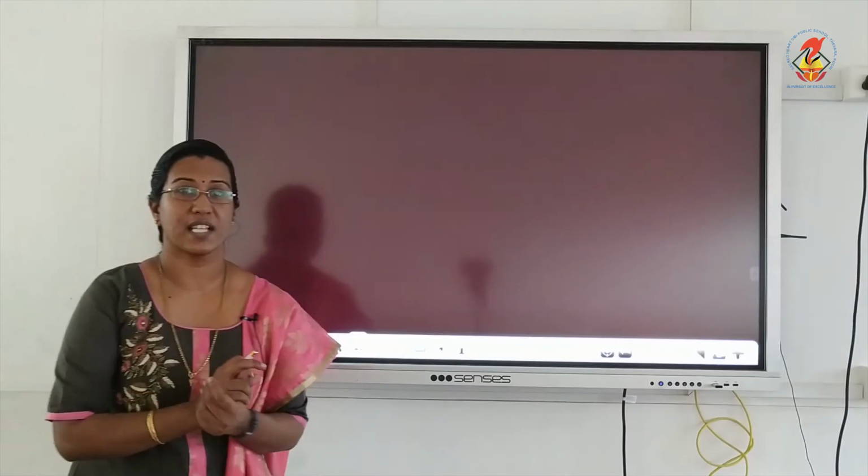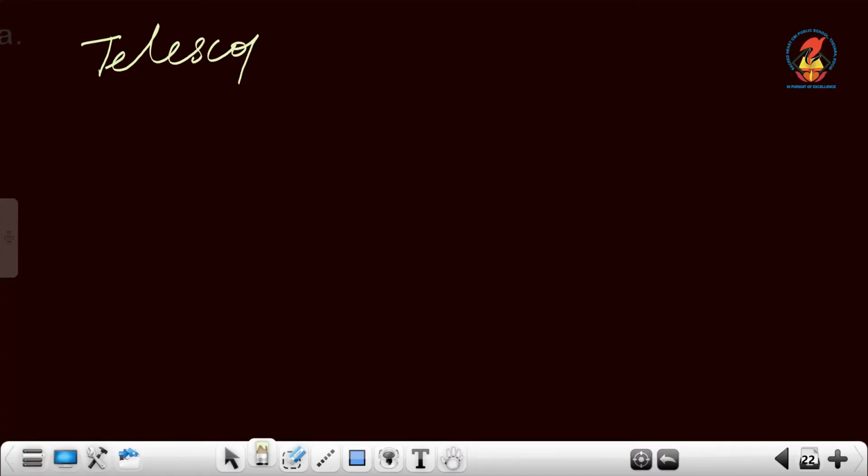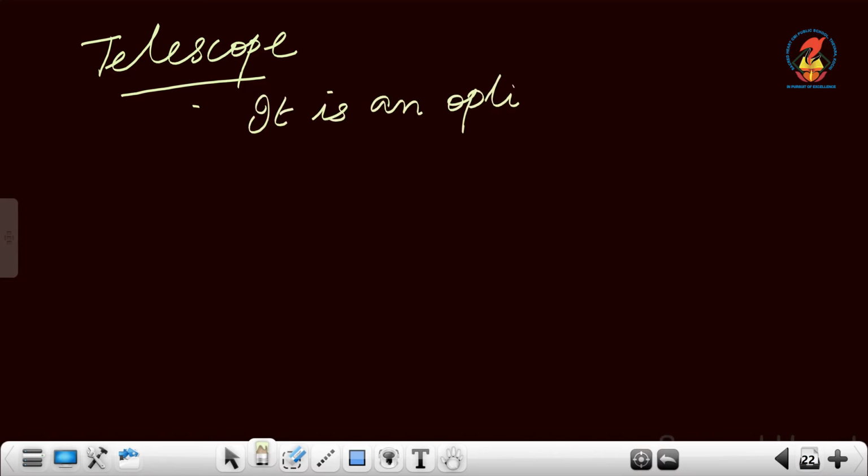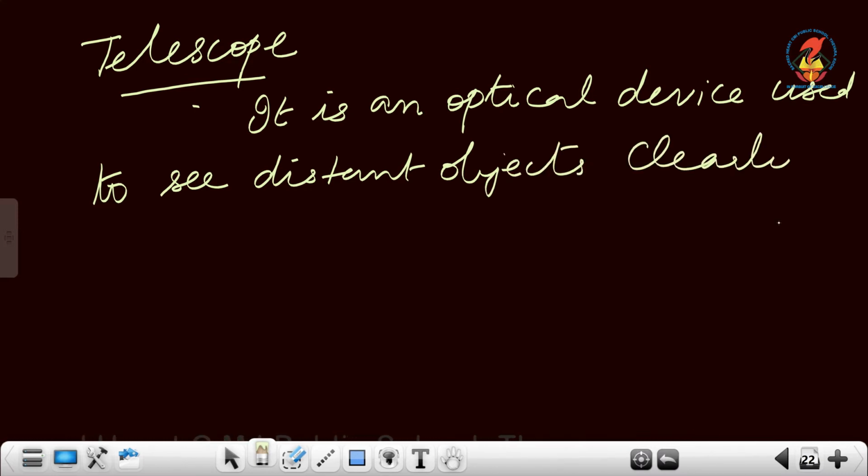Next, we are going to study the telescope. We are all familiar with the optical device telescope, isn't it? It is an optical device used to see distant objects clearly.